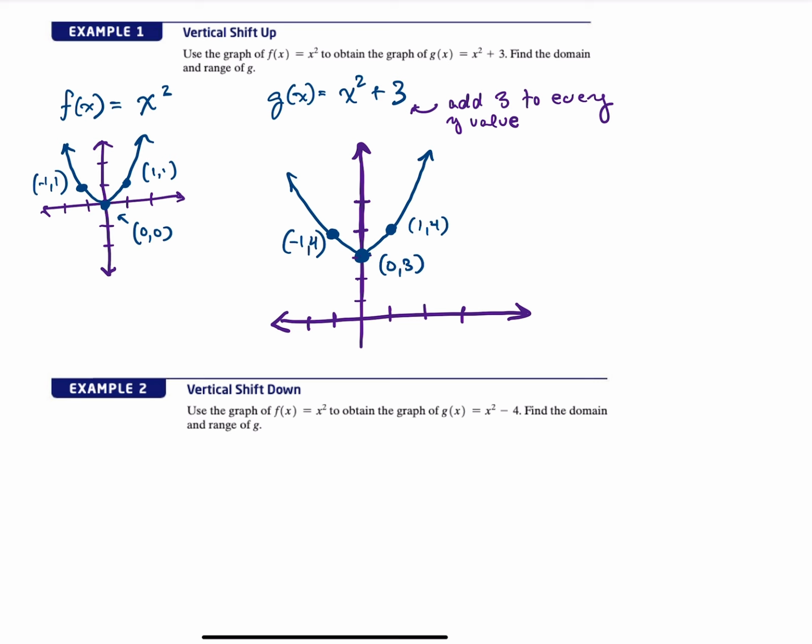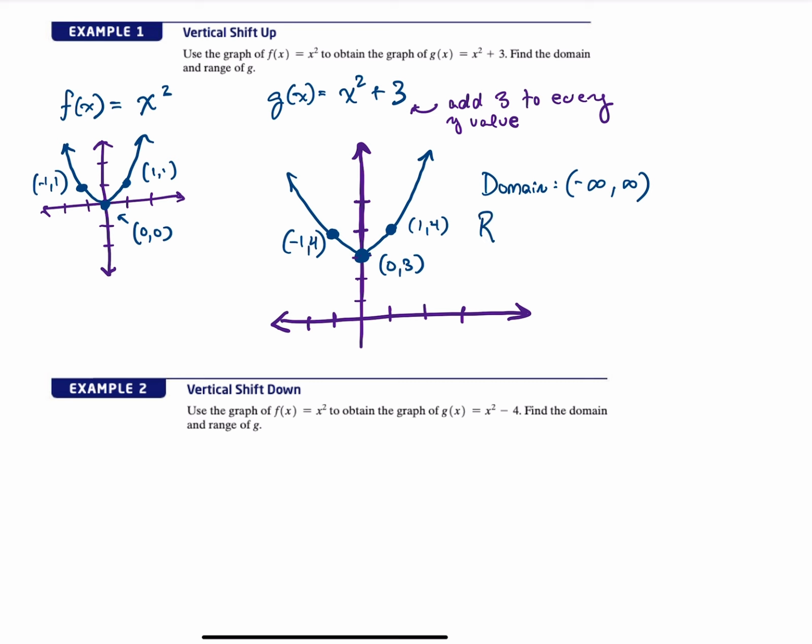It also asks us for the domain and range. So the domain is all values from -infinity to +infinity. It goes infinitely in both directions. And then the range, for just x squared, it was from 0 to infinity, but now everything's been shifted up. So notice a vertical shift will affect the range.